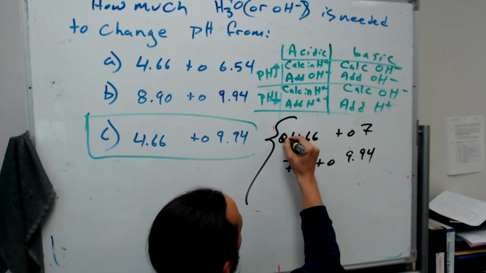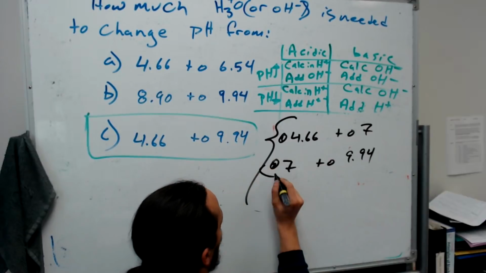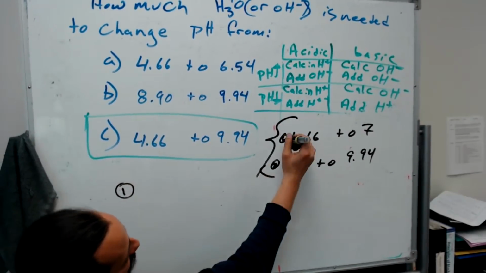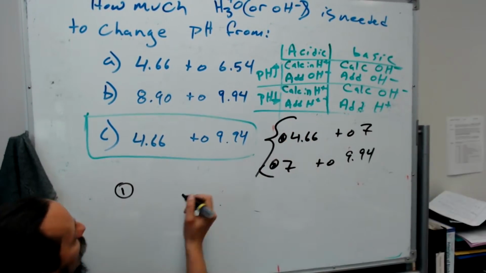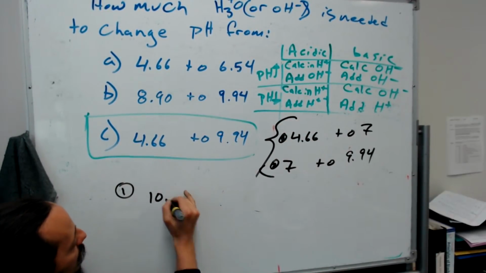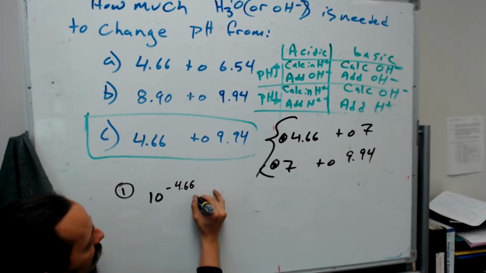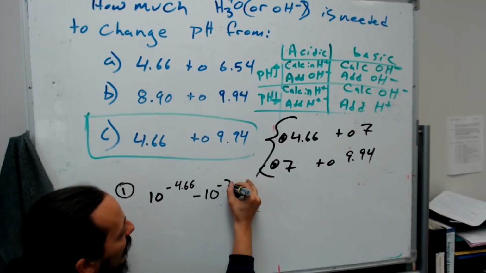I'm going to do part 1, part 2. Part 1, I can do 10 to the minus 4.66 minus 10 to the minus 7.